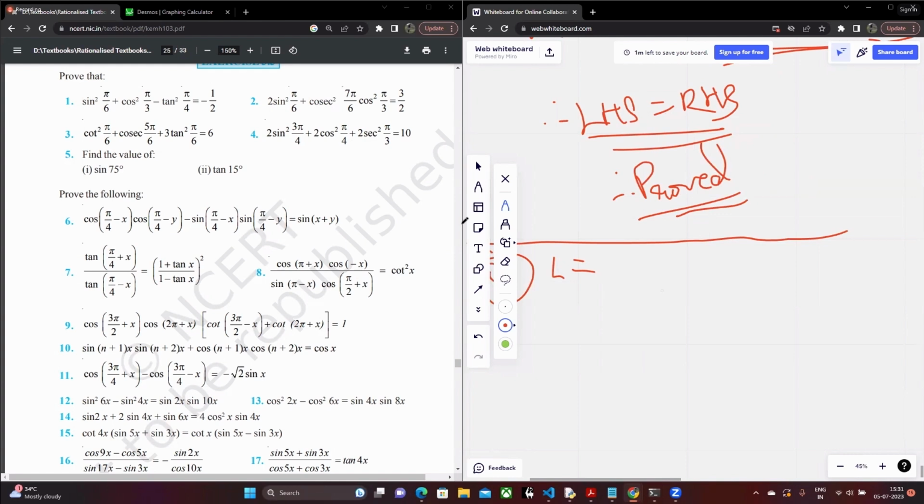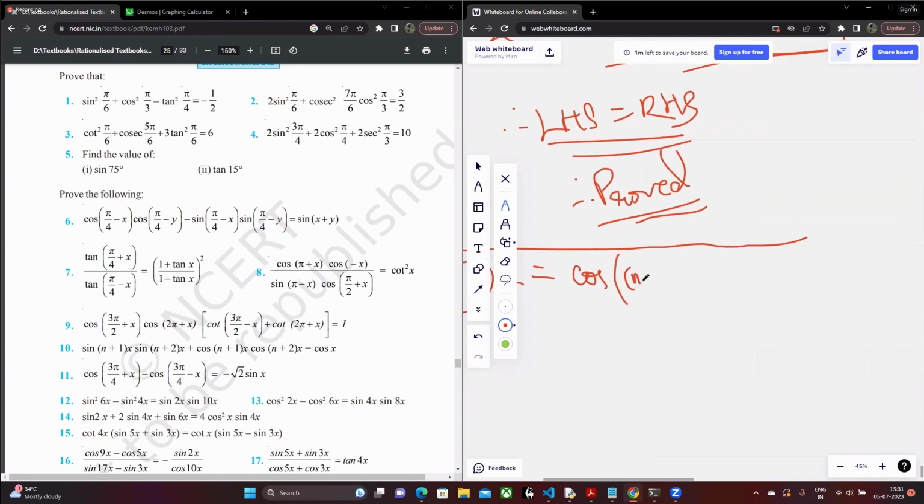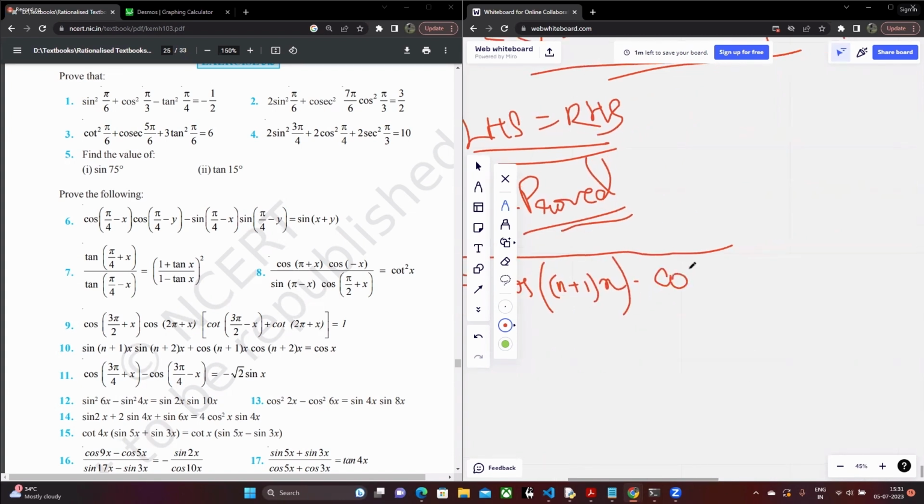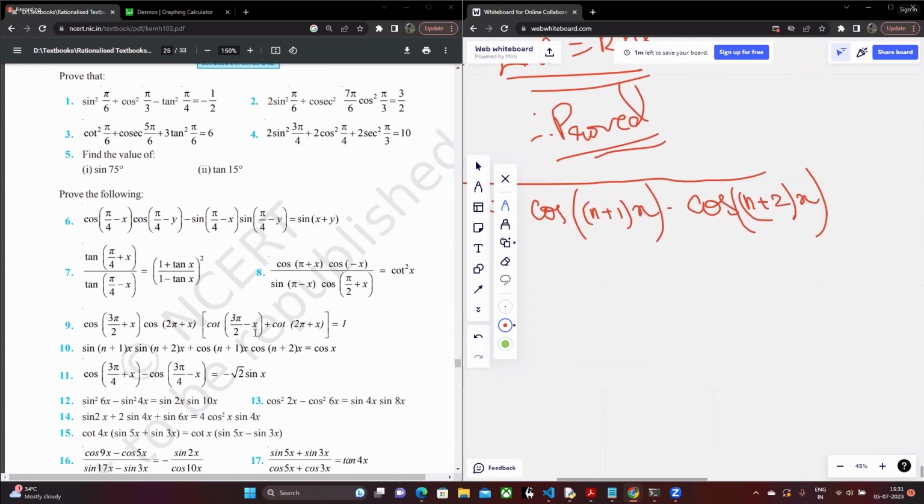Right. L is equal to, I just switch the orders a bit. This is cos of (n plus 1) times x into cos of (n plus 2) times x. We will also again remember that if you are not going to specify a multiplication, or if you are going to have something else apart from a single cosine or a sine or a tan expression, remember to put brackets around the x also.